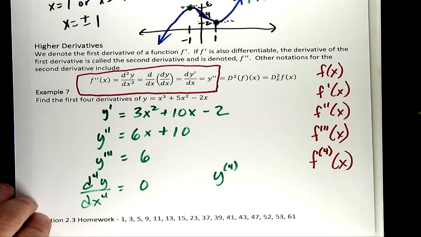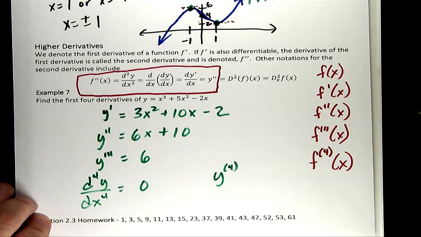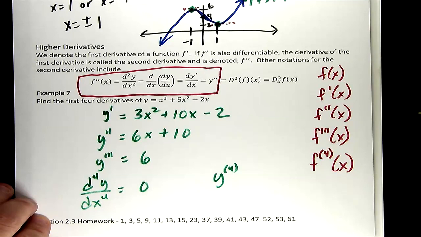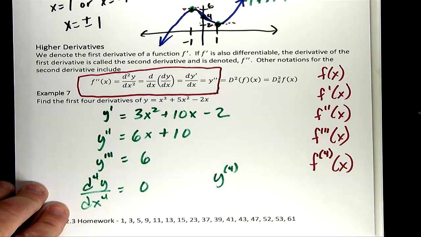Still writing it down. Did you guys get that? Okay. And so the 5th derivative is 0 also. And the 6th derivative is 0 also.